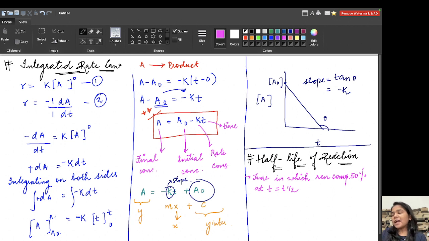Time in which the reaction completes 50% is when time equals T half. That time T becomes T half, and it is called the half-life of the reaction.